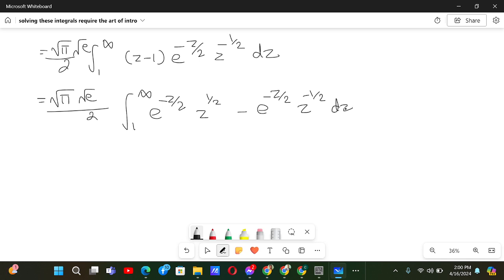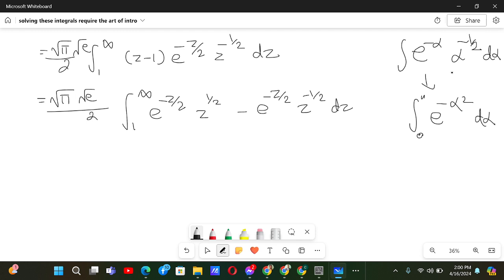Something I want to tell you is that only if you have something like e to the power minus alpha times alpha to the power minus 1 by 2 d alpha in the integral, only in this case, if you make a substitution, you will get e to the power minus alpha square d alpha, something like that.